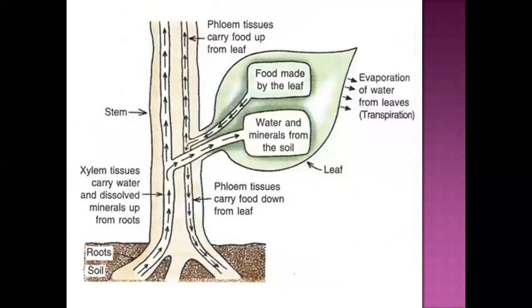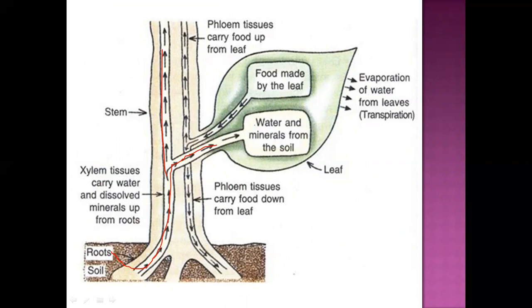If you see the process here also, we'll start from here at roots and soil. So water is absorbed through roots and it moves to the leaves and upper parts, because xylem tissues carry water and dissolved minerals up from the roots.